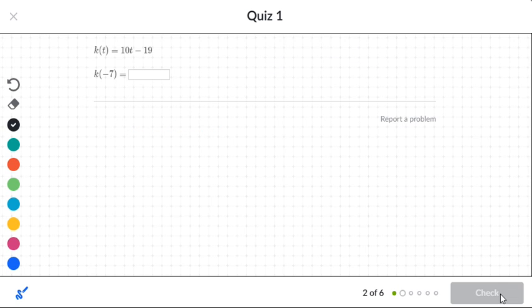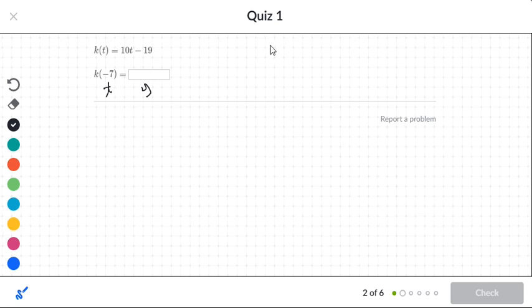Okay, we have K of t is equal to 10t minus 19. And then it says K of negative 7 is equal to blank. So this is your t, and what you're missing is your y, the output of this. So what we have to do is plug this in.